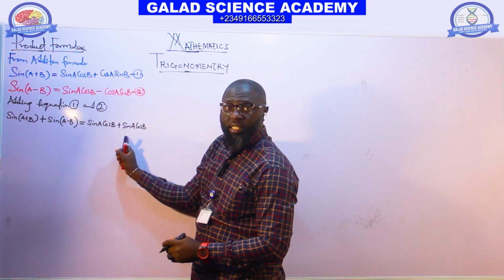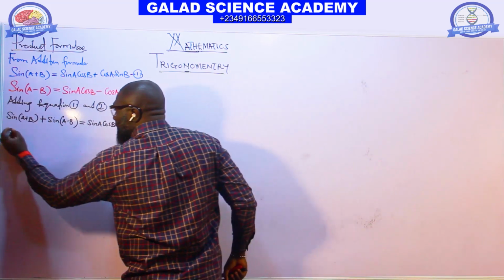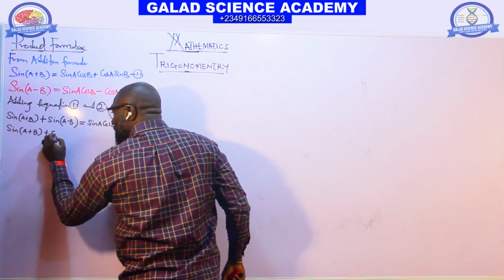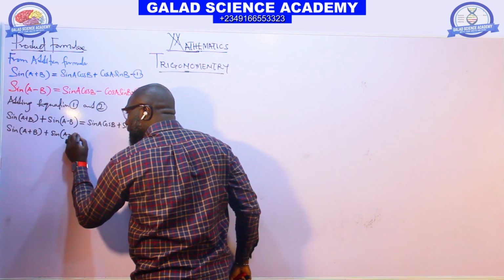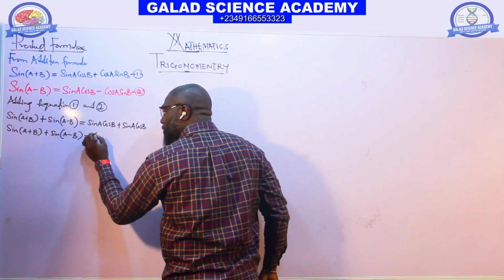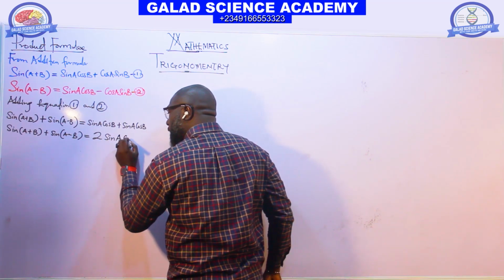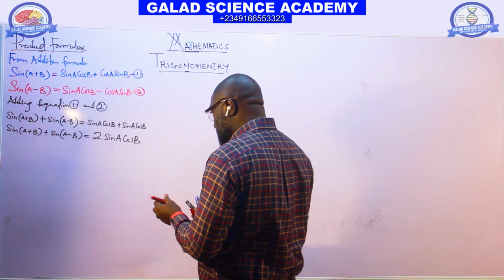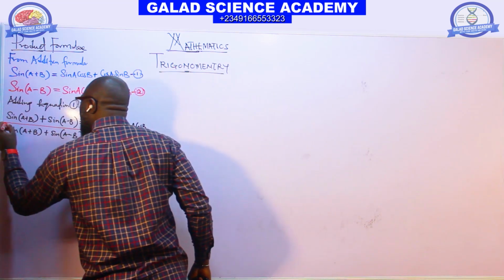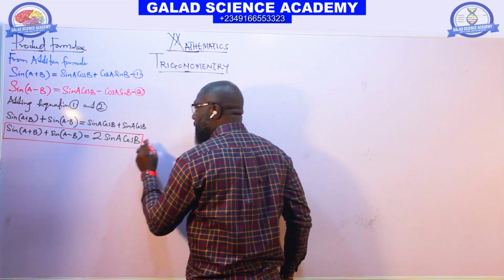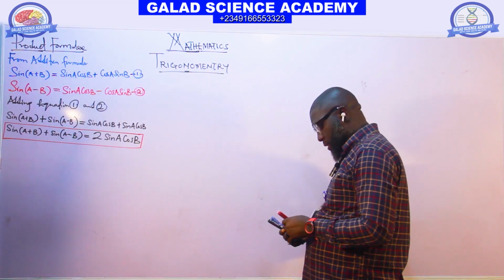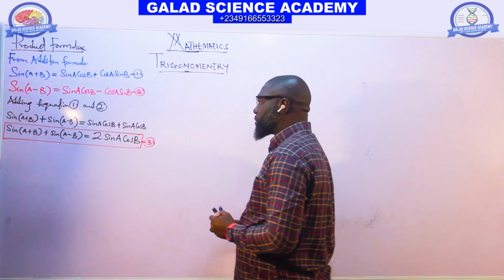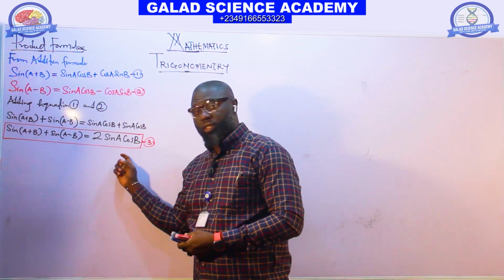So sine A plus B plus sine A minus B will give us 1 plus 1, we have 2 sine A cos B. Let me call this equation 3. Whenever you add this together, we have this.